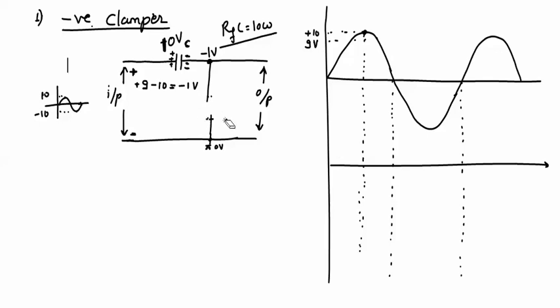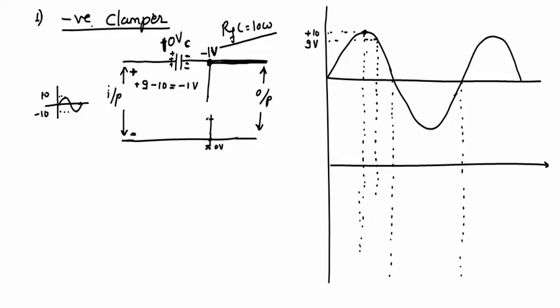So this will be the equivalent circuit of the diode when input falls below the 10 volt after its positive peak. Now when input is plus 9 volt, we can see in this diagram that at this point we have a voltage equal to minus 1 volt, and this voltage is itself the output voltage.